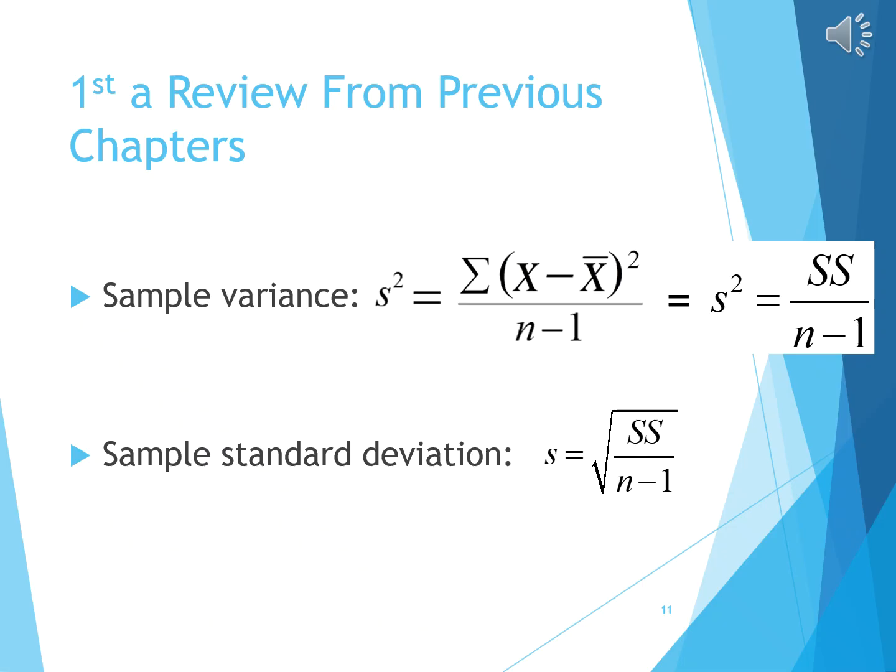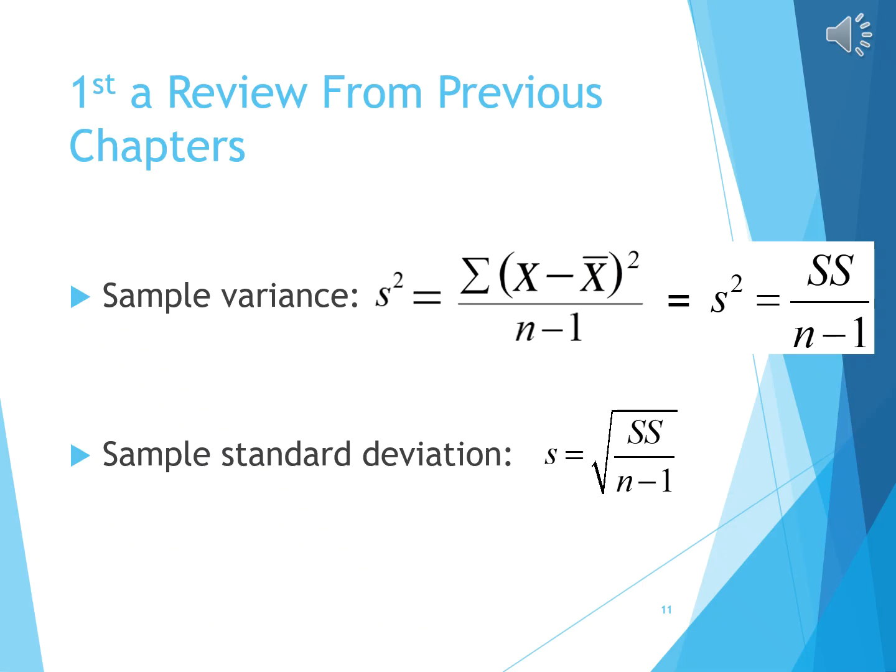So a quick review. If we're just looking at raw scores, scores on some kind of measure, happiness or IQ or whatever it is, and you want to find the standard deviation of a bunch of raw scores, first of all, you have to find the sample variance. The variance is denoted by s squared. The sample variance is equivalent to SS, do you remember what SS is?